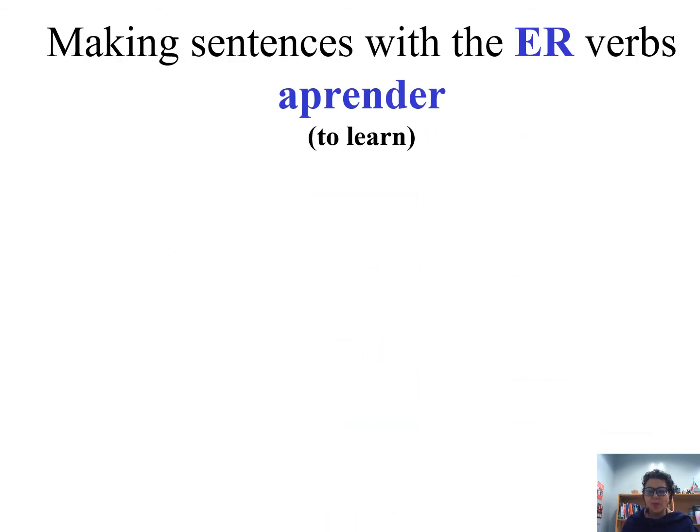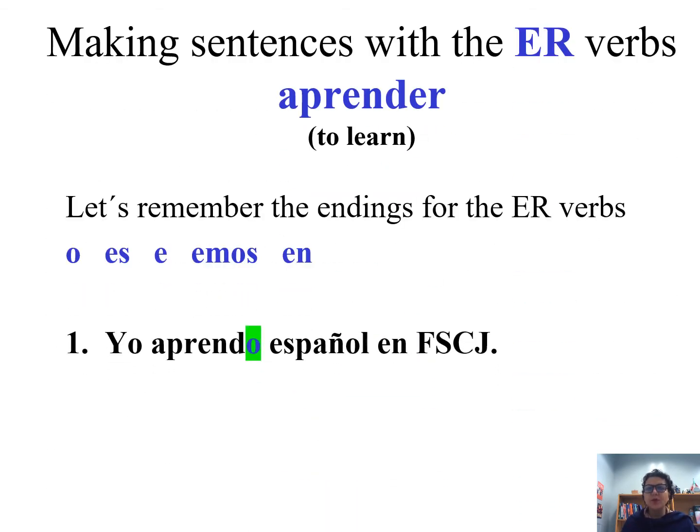So as you see here, we are following the endings: o, es, emos, en. It's very, very important that we remember the endings. So it doesn't matter who does the action. We are going to keep the stem and we are going to change the ending. Okay, so in this case the ending is er.